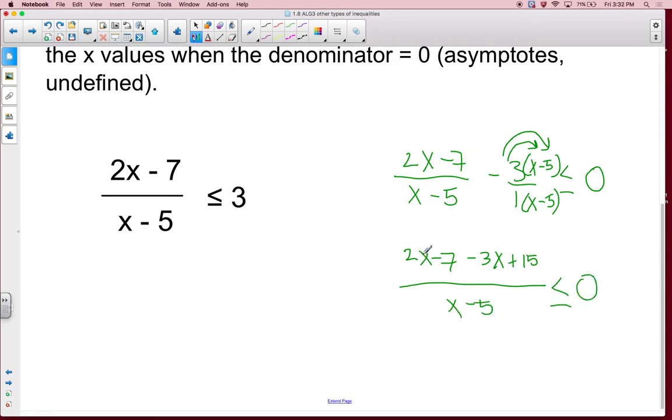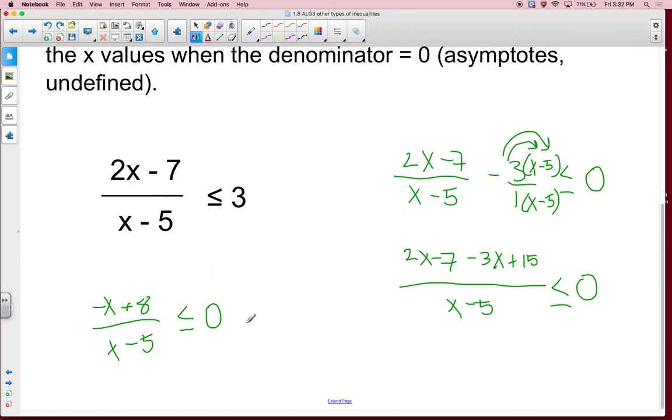Okay, combining like terms, 2x minus 3x is negative x. And then negative 7 plus 15 is 8, all over x minus 5. If we were going to graph this, it would be a rational function where there's an asymptote of x equals 5 and an x-intercept of 8.